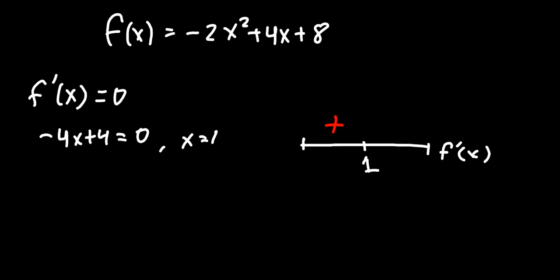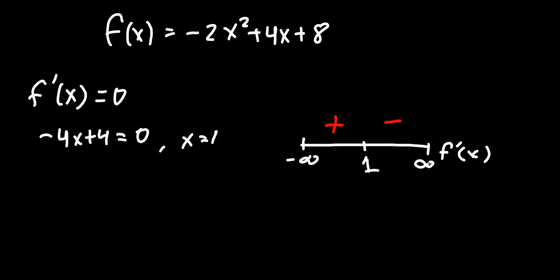And a number like, let's say, 2 will produce a negative result. So that means from negative infinity to 1, it's increasing, but from 1 to infinity, it's decreasing.